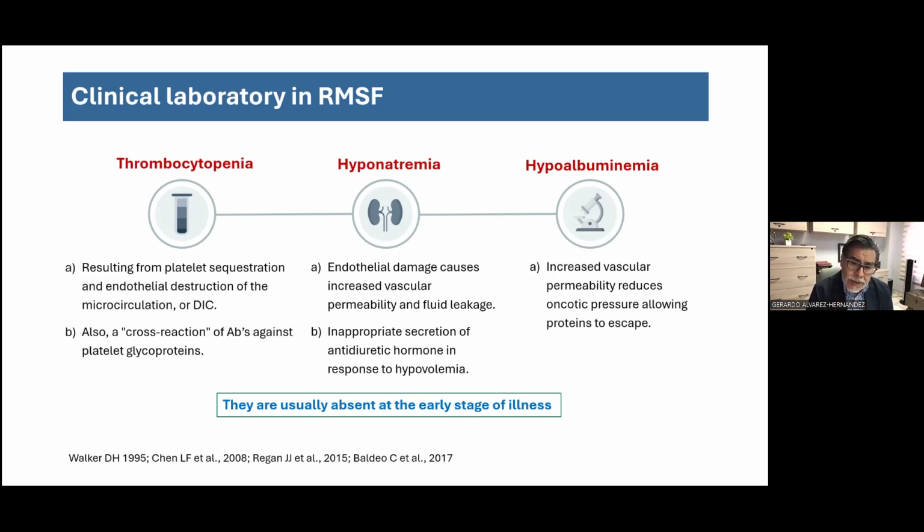But I would insist that while these biomarkers are common in hospitalized patients, they are usually absent in the early stage. So very rarely will we find them in our patients. So we do not have to rule out the suspicion because a patient doesn't have these biomarkers in a blood sample.